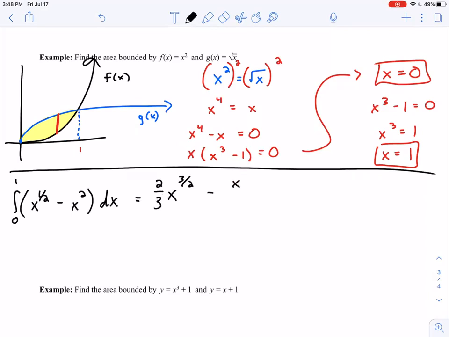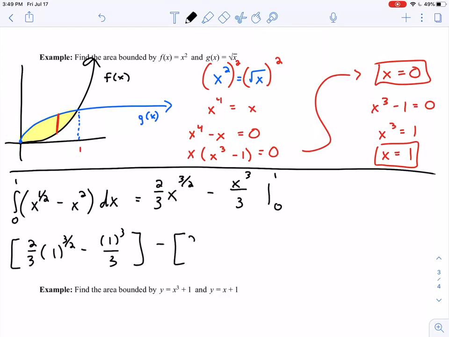Minus, over here, I should have x to the 3rd over 3, or 1/3 x cubed, evaluated at 1 and at 0. So let's see, I should have 2/3 times 1 to the 3/2 power minus 1 cubed over 3, minus 2/3 times 0 to the 3/2 power minus 0 to the 3rd over 3.